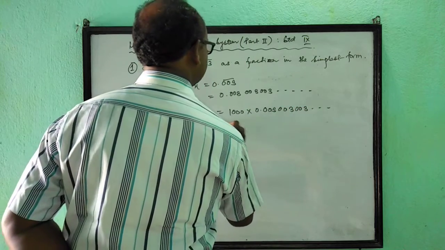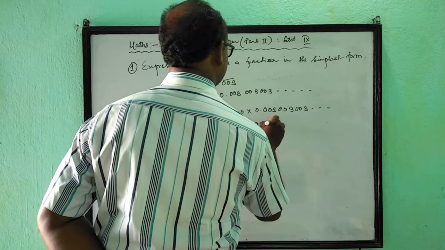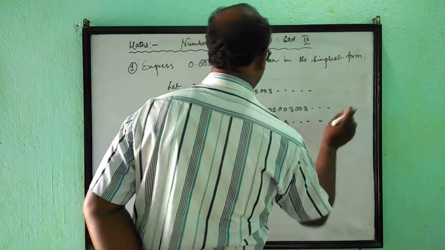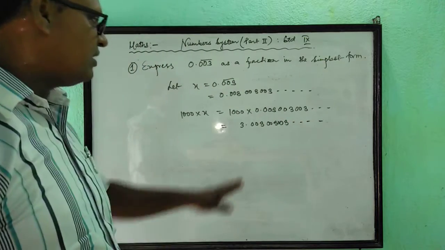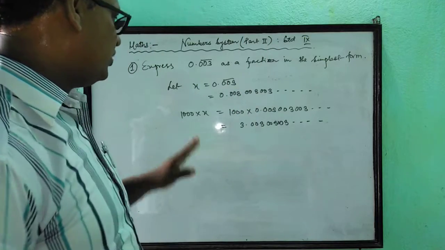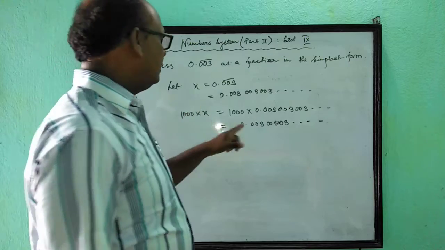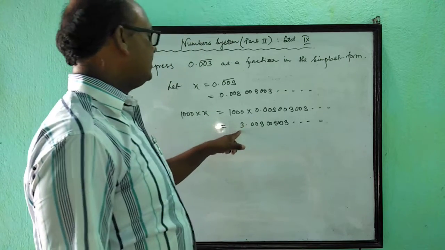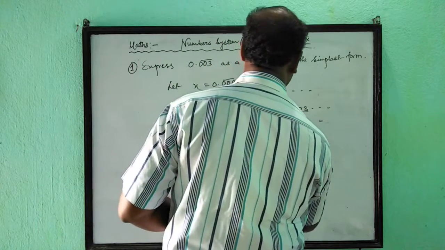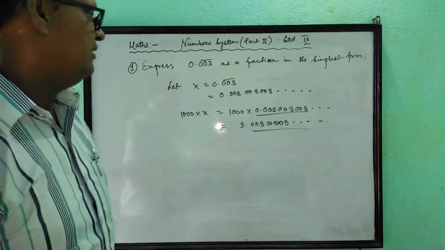That means this is 3.003, 003, 003. Since the number of 003s is infinite, if 003 comes here before the point, there is no difference between this and this.